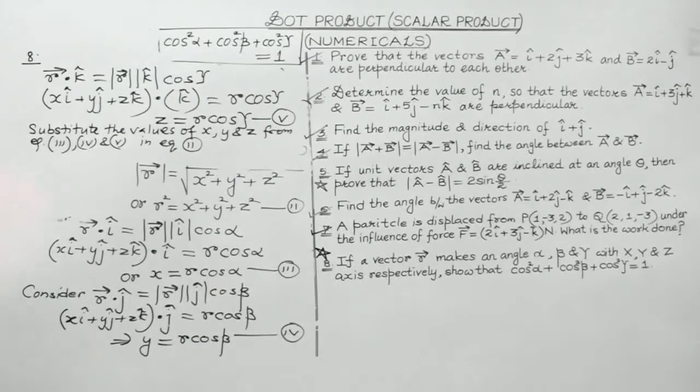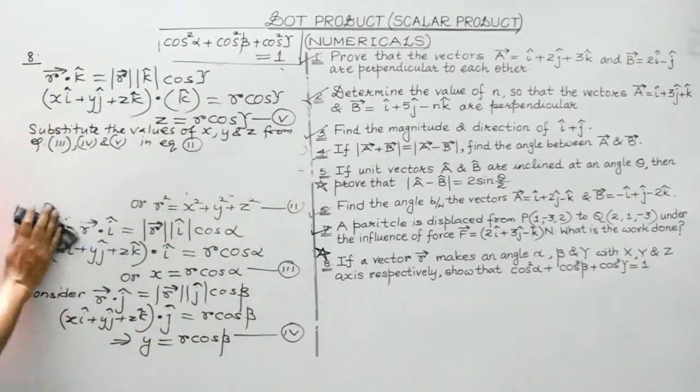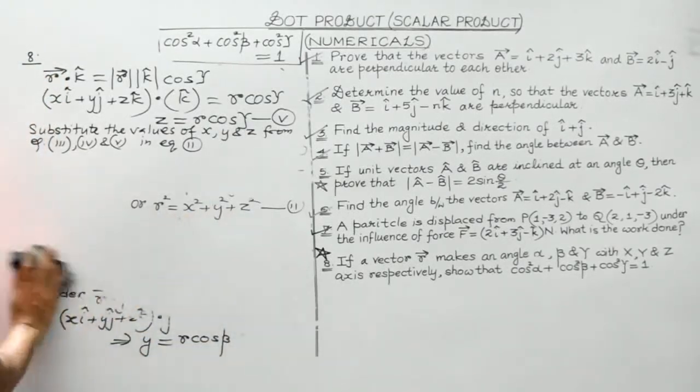Let's see what result we are going to obtain. Okay, this is equation 2. So let's substitute all the values of x, y and z in this particular equation.